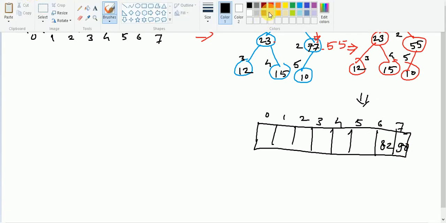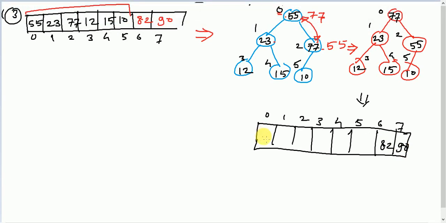Here I'm getting the heap like 77, 23, 55, 12, 15 and 10. Now what is the next step that we are following here? We are swapping the 0th index with the i minus 1, or I can say the last index. I'll swap the last with the 0th in this particular case also.